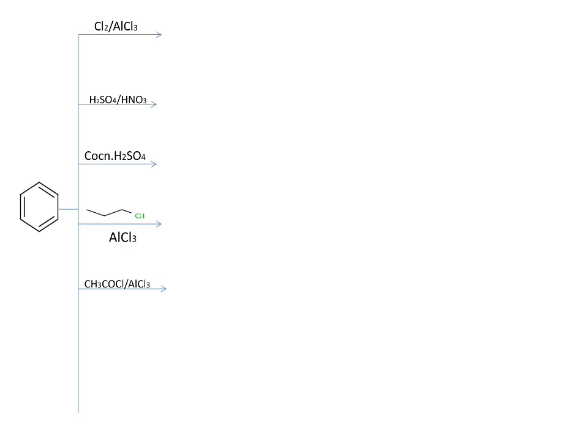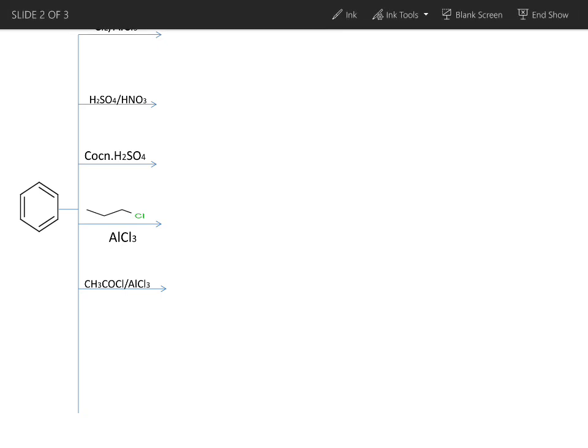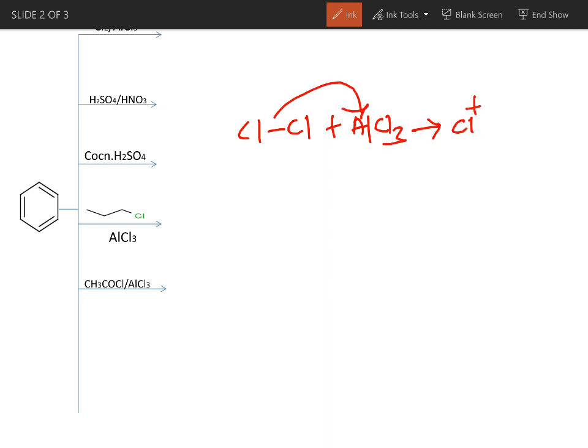In the first reaction, benzene is reacting with chlorine in presence of Lewis acid. Now, we know that Lewis acid is electron deficient. When electron deficient reacts with electron rich compound, that is chlorine, it will abstract a pair of electrons and form an electrophile, chlorine with positive charge.